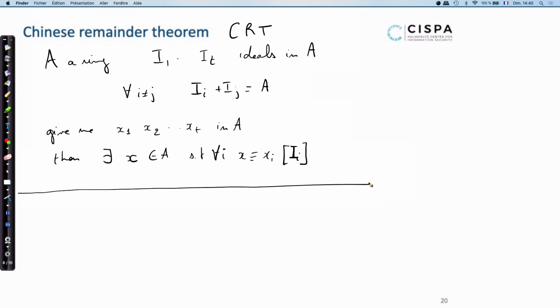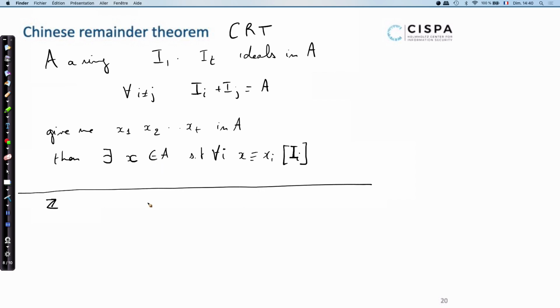So let's translate the statement of the theorem to integers. So we are just taking Z. Then we take ideals in Z, but remember, ideals in Z are just given by principal ideals, so they are given by a generator.